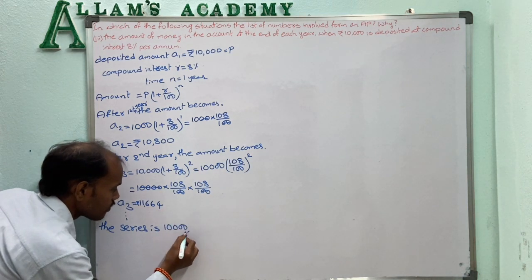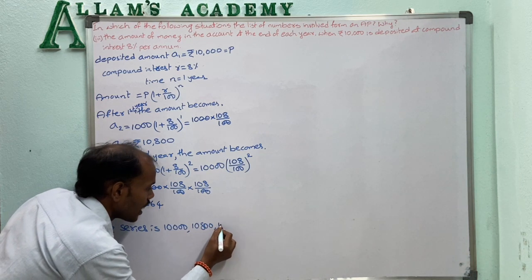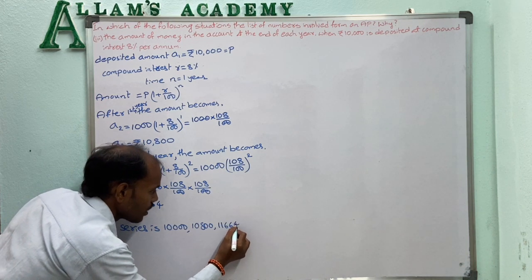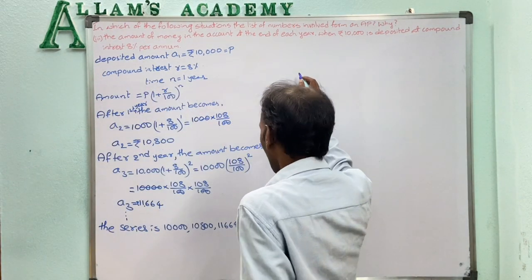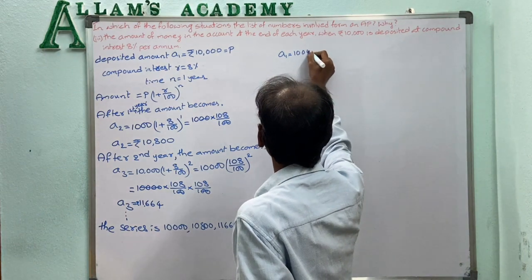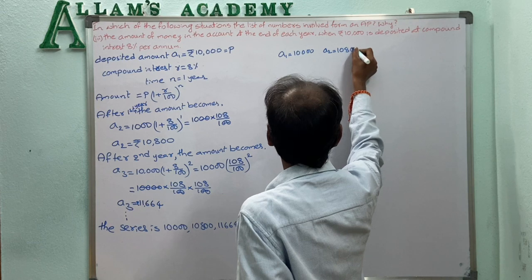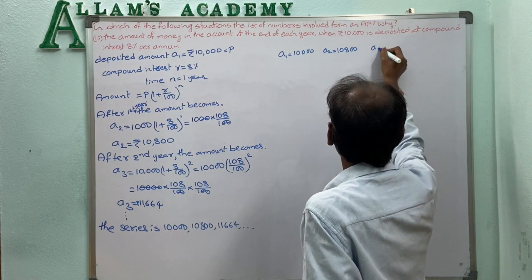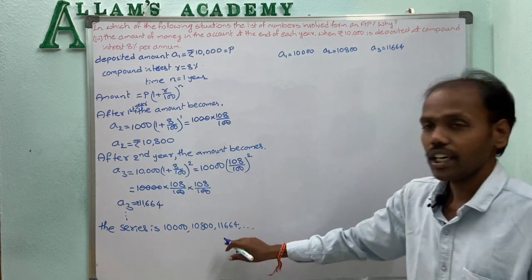So if we substitute this model, now the series is 10,000, 10,800, 11,664 and so on. Now in this, the first term A1 is equal to 10,000, second term A2 equal to 10,800, third term A3 equal to 11,664.